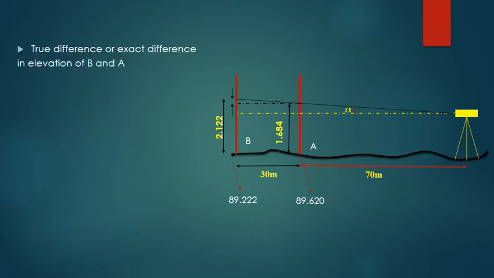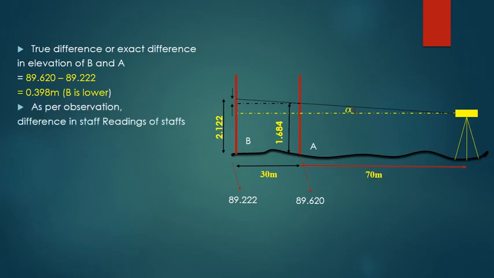Now let us see the true or exact difference in elevation of B and A. The exact difference in elevation is given by the difference in their reduced levels, the reduced level of A minus the reduced level of B. It comes to 0.398, and B is the lower station.